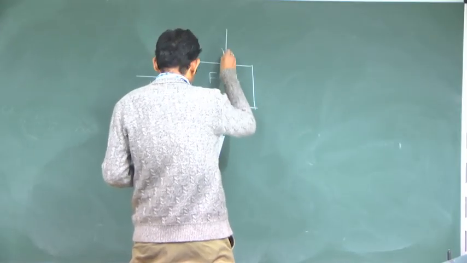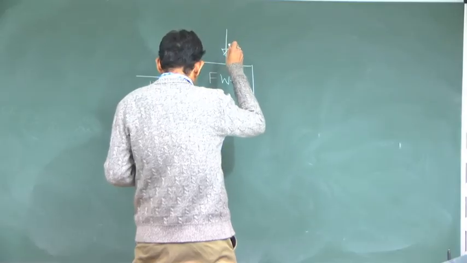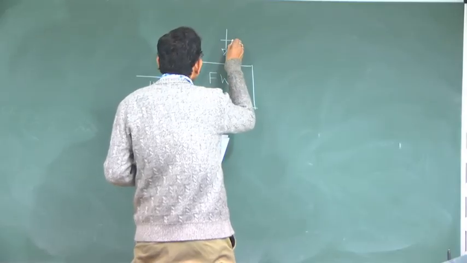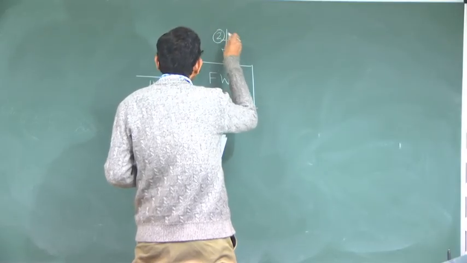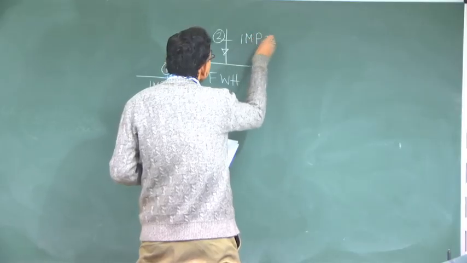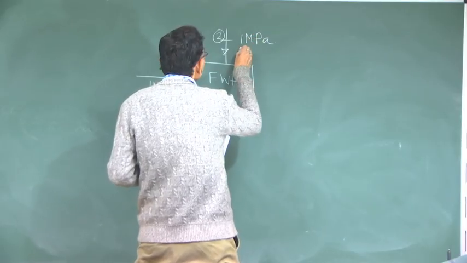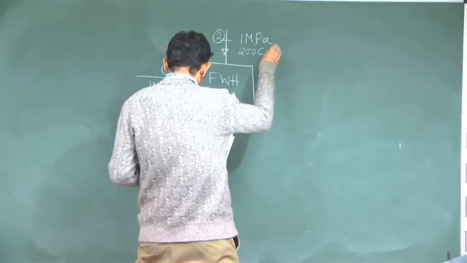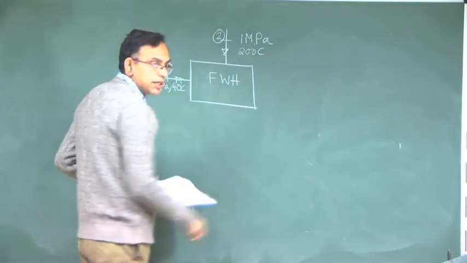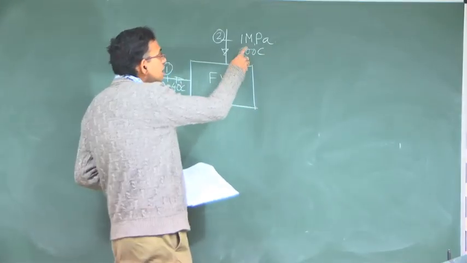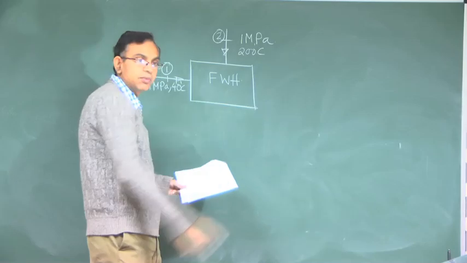State 2 is 1 MPa, 200 degrees centigrade. This is already at a higher temperature, because it has been bled from the turbine.